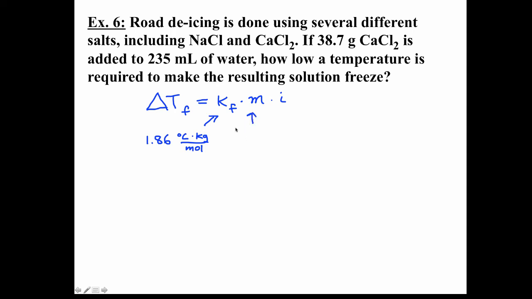You can look them up, and they've typically been determined by experiment. The molality, in this case, is going to be moles of solute, which is calcium chloride, divided by kilograms of solvent, which in this case is water.